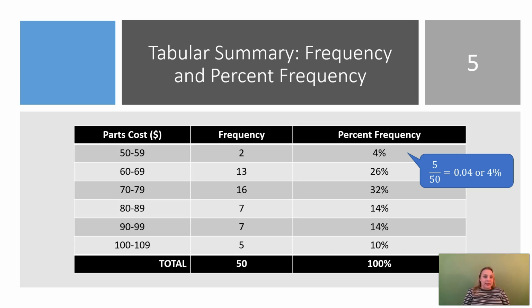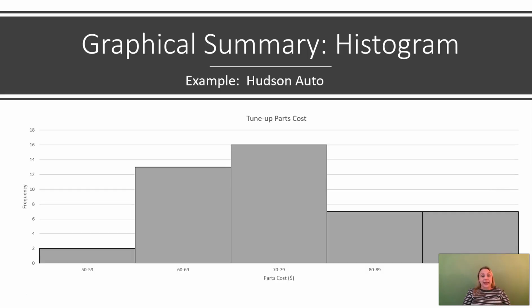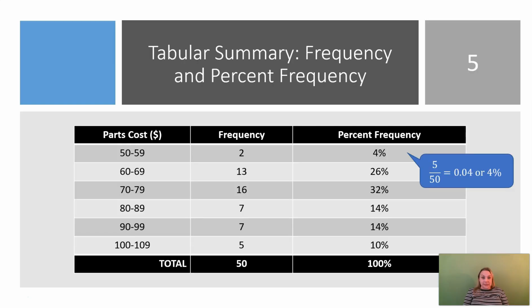Then we counted the number of observations that fell within each range and calculated the percent frequency by taking the frequency divided by the total number of observations. You can also display these summary statistics in a histogram, where you can see visually the distribution of the data within your different ranges.